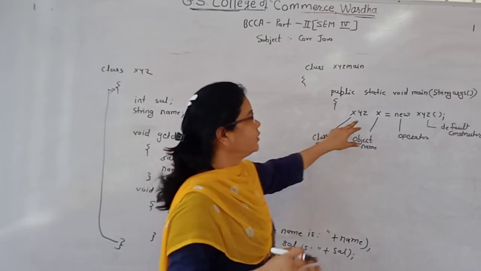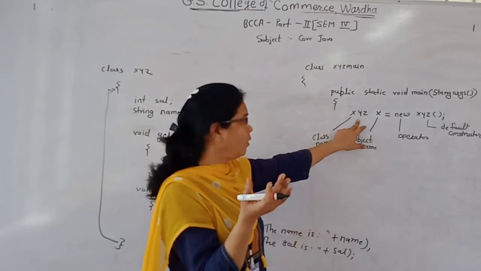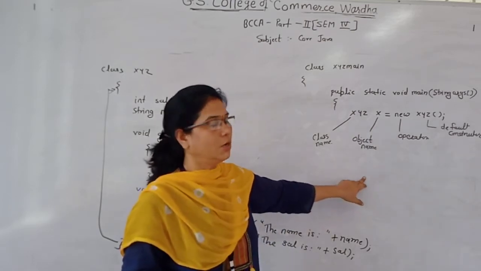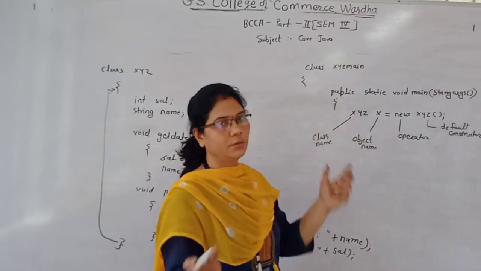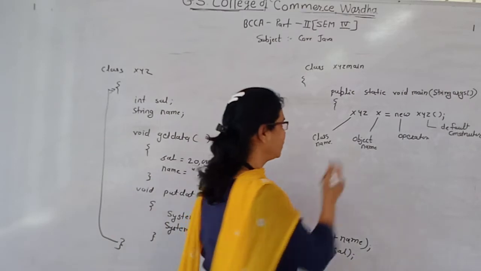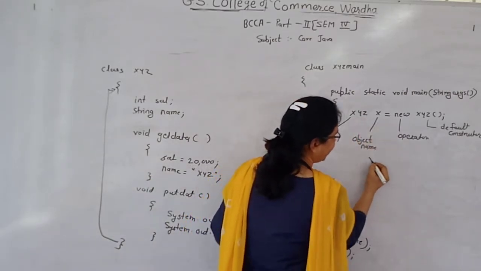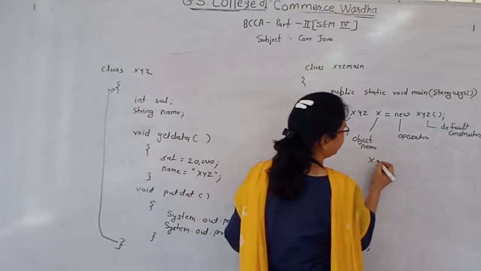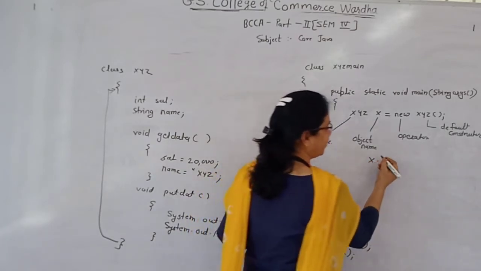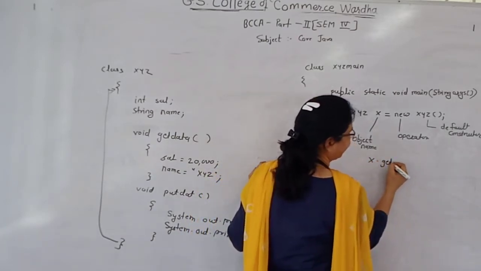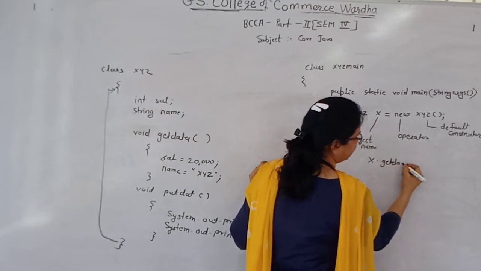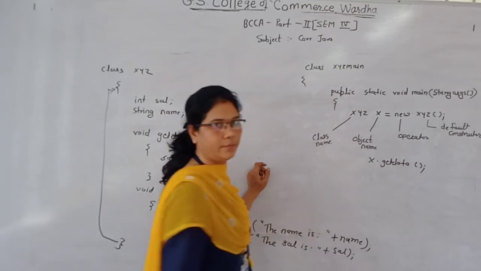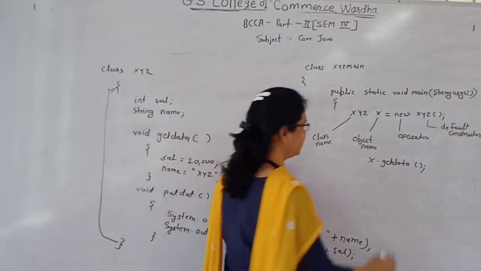Also we can first declare the objects and then initialize them, but here we use the combination of those things. After that we call the functions by using the object name. Here the object is x, and we call get data, get data with zero parameters, meaning empty parentheses.